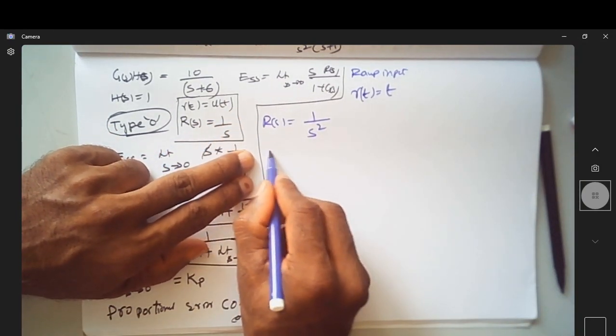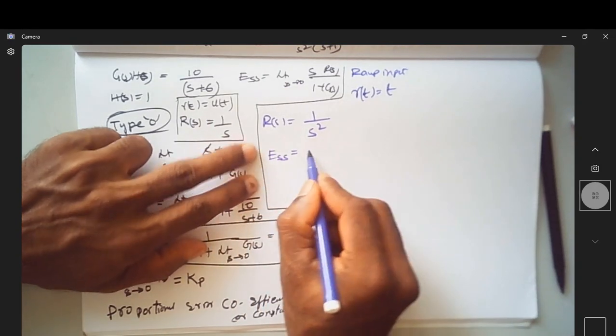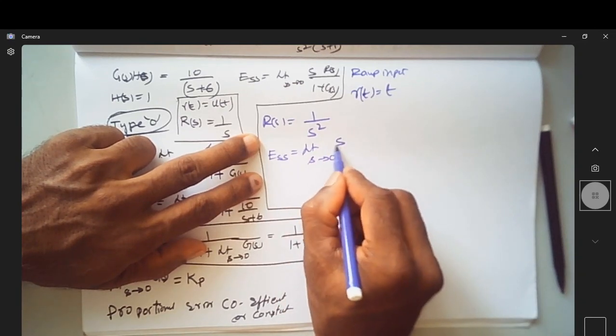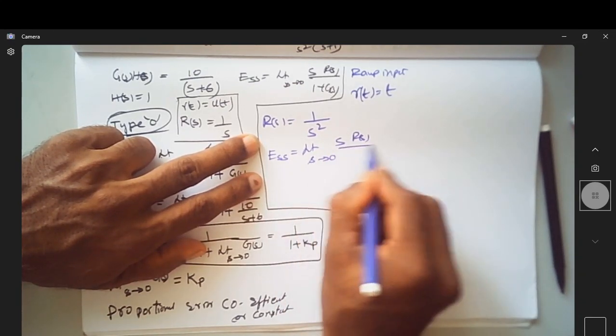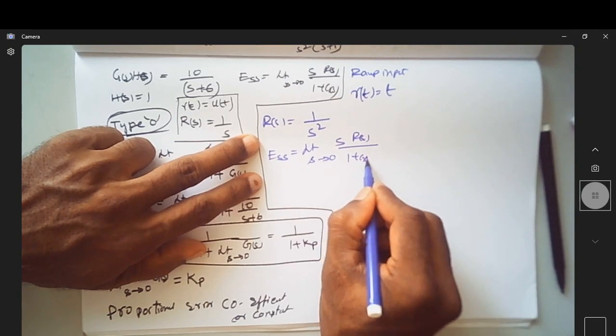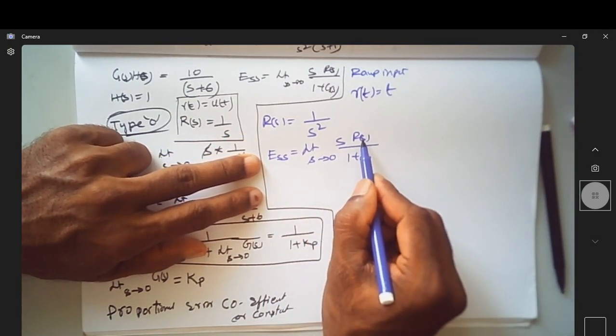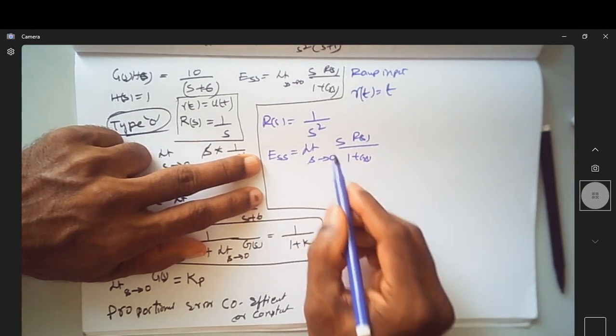So what is ESS? ESS is equal to limit of s tending to 0 of s into R of s by 1 plus GFS. Of course H of s is 1. Let us substitute the value of R of s, which is 1 over s square.